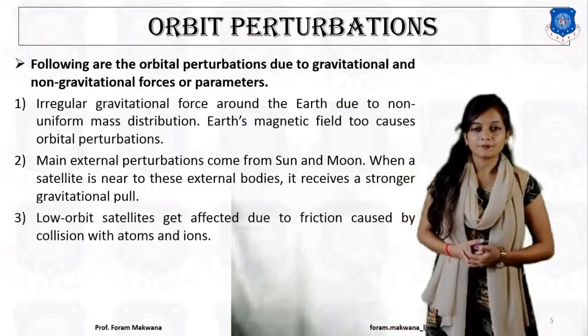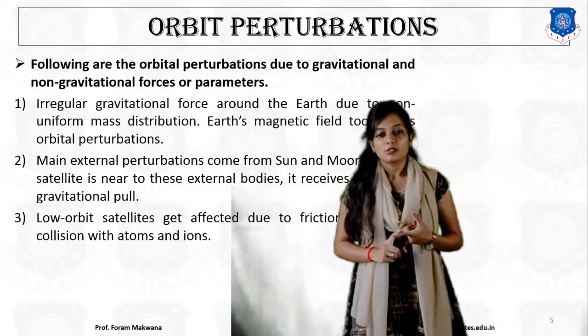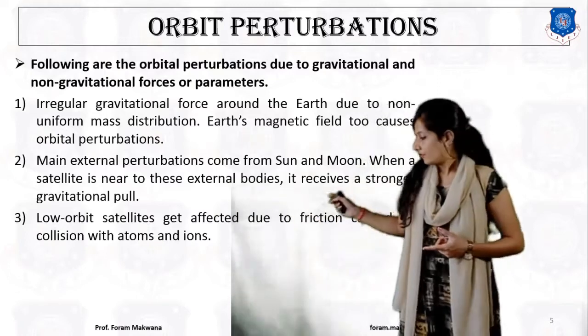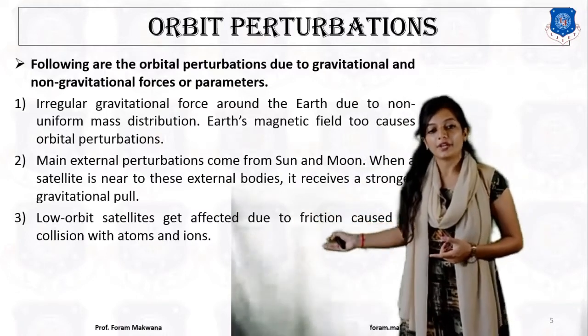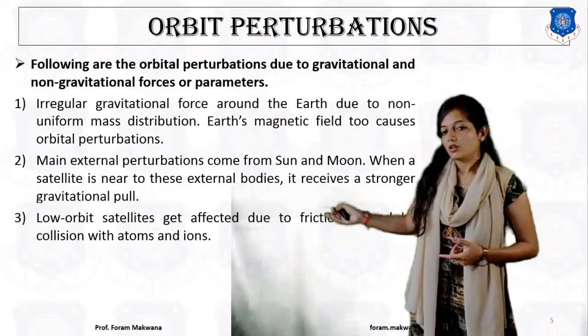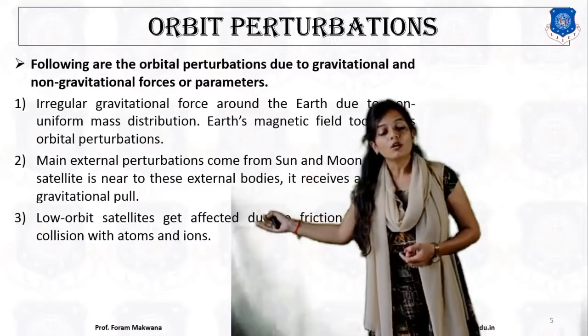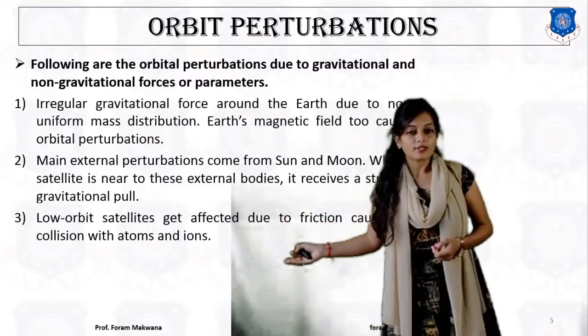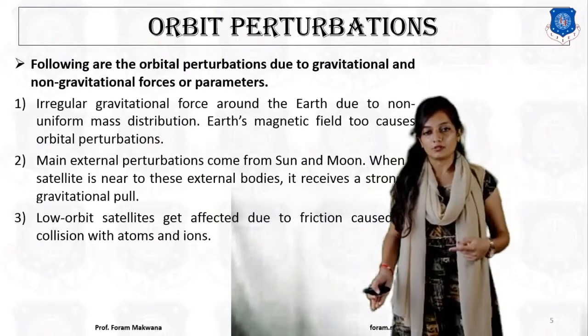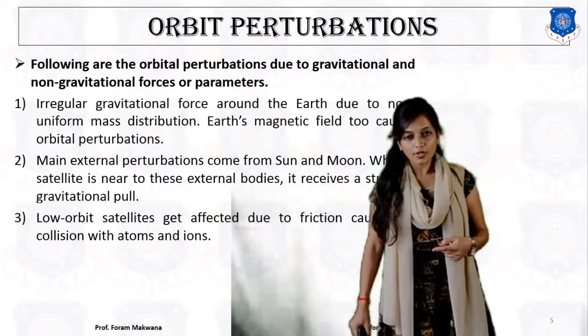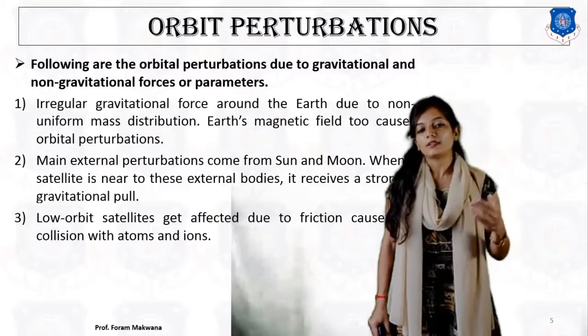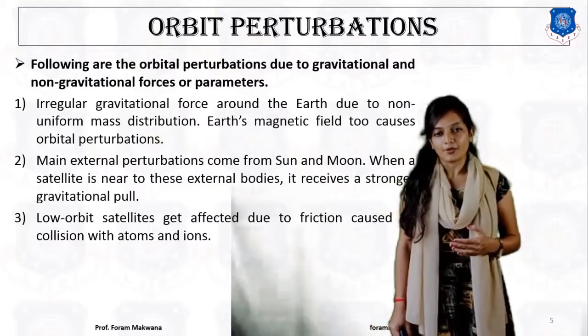Third, the type of orbit which is most affected due to friction is the low Earth orbit, the LEO. Why? Because it is nearer to the surface of the Earth, and we know that the distance is 100 to 5,000 kilometers, right?